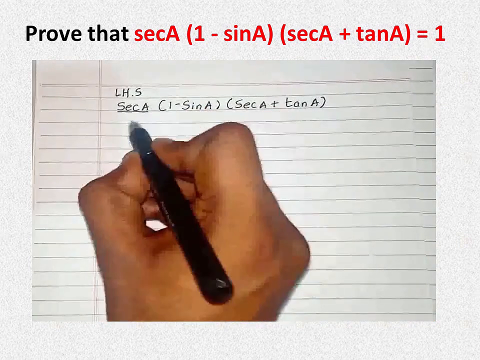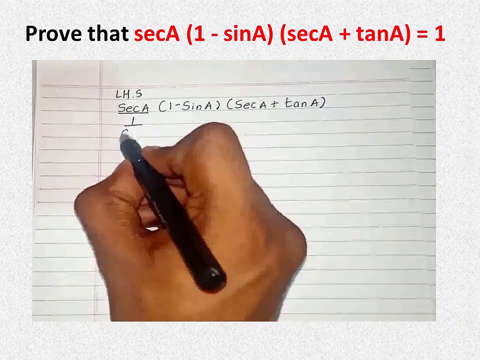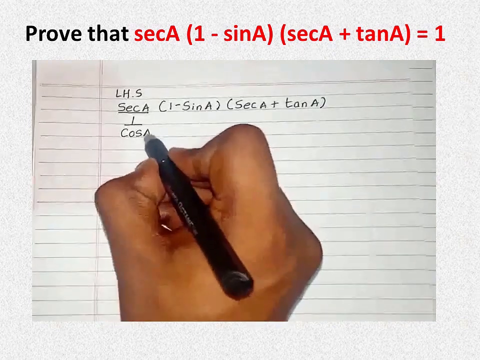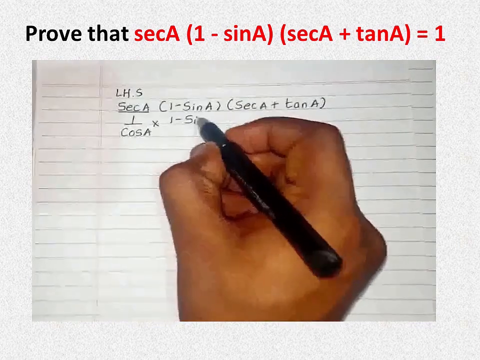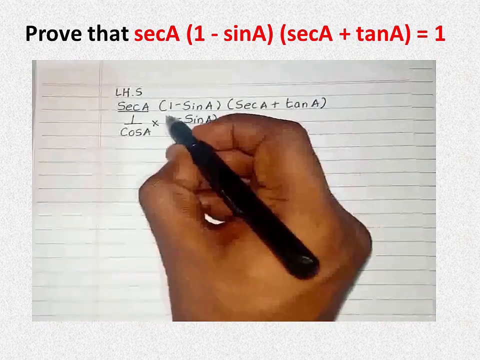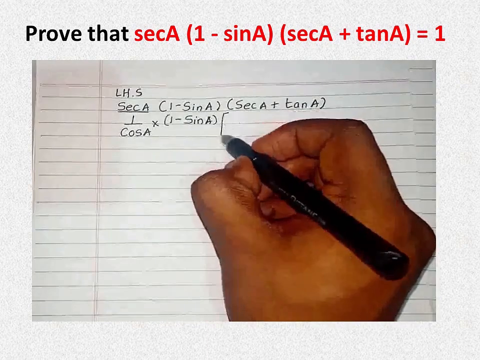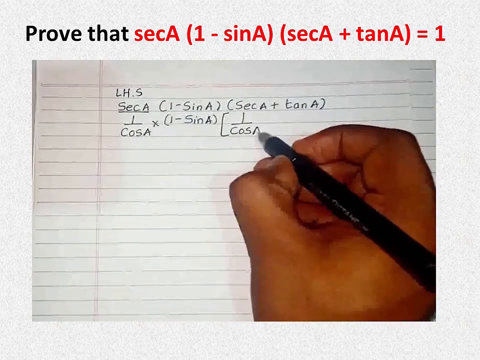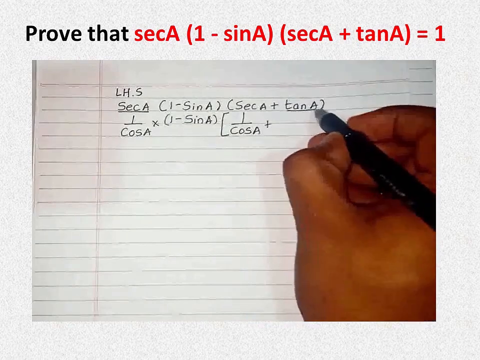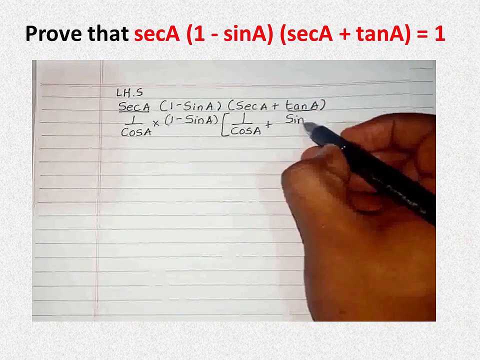So secant A can be written as 1 by cos A, that is, the reciprocal of secant A is cos A. In the same way, 1 minus sin A as it is. Now secant A, again it is written in the form of cos, that is 1 by cos A. The ratio of tan A is sin A by cos A.